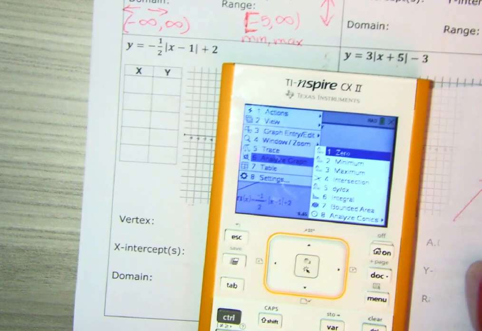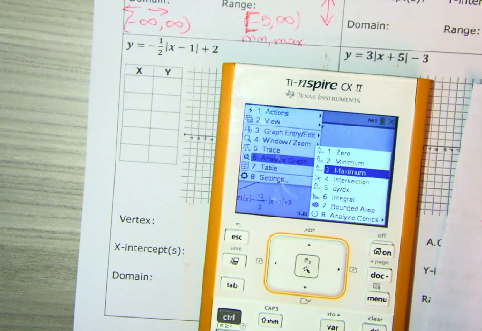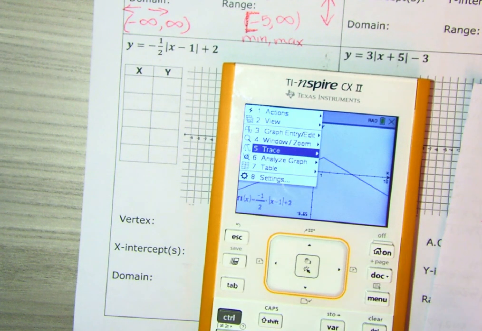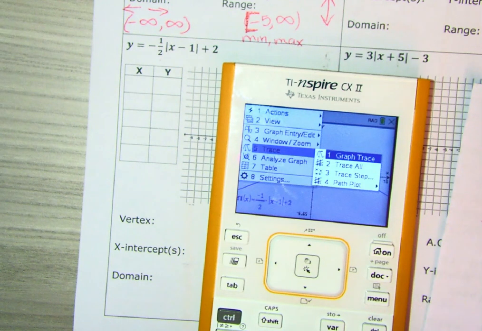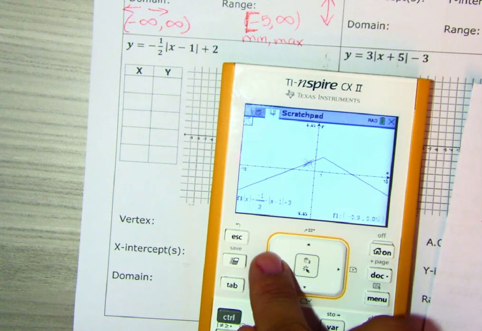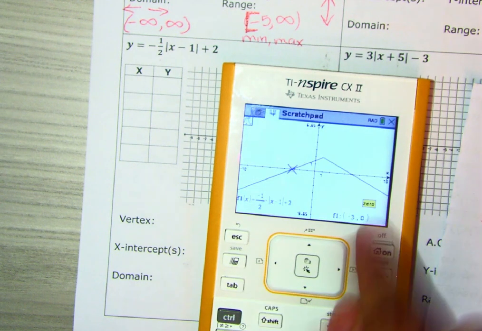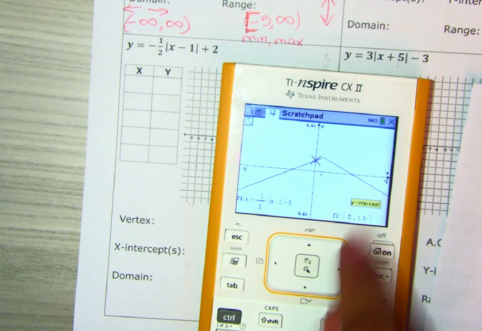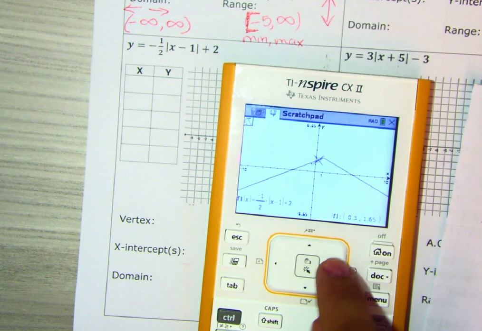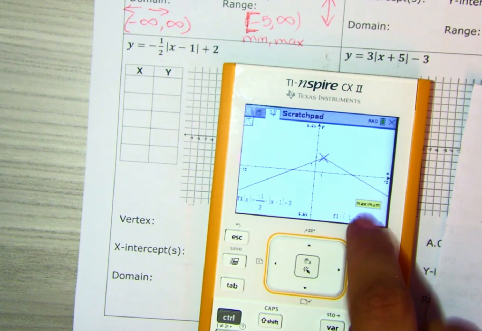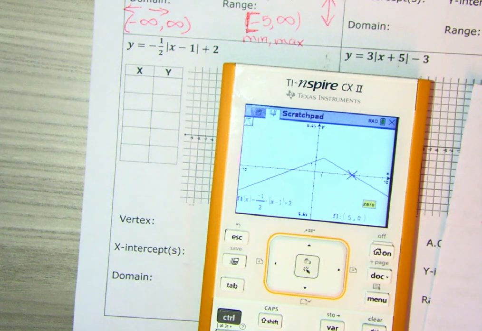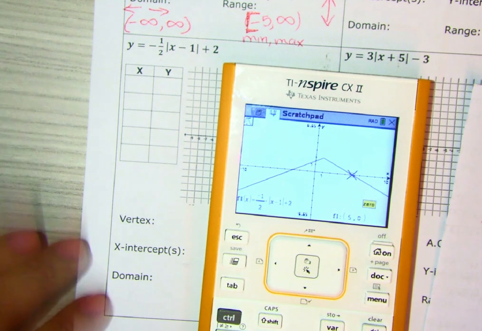Or we can go back and trace points. If you do graph trace, it actually traces the zero, which means x-intercept. It also traces the y-intercept, the maximum value, and then the other zero, the other x-intercept. So I think tracing is your easiest bet here.